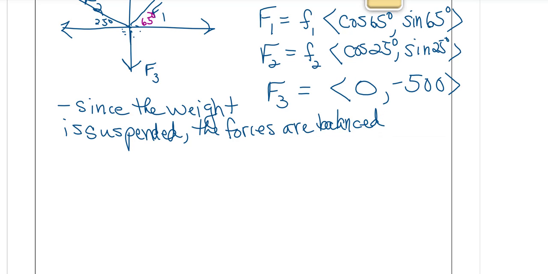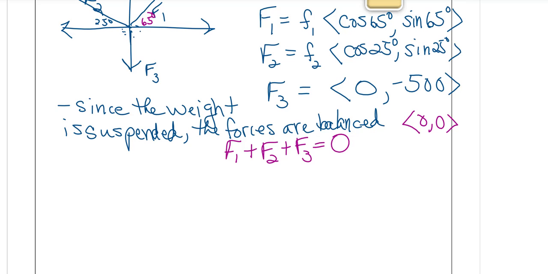It would be moving, either falling or swinging to one side or something. We want to remember that we're going to have the resultant vector of 0, 0, and that's because F1 plus F2 plus F3 has to equal 0. So that's the equation we're going to work with that's going to help us out.